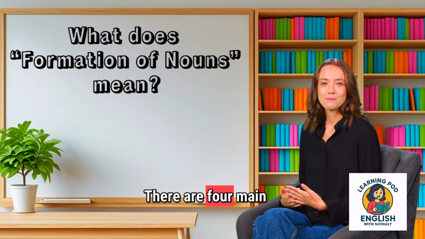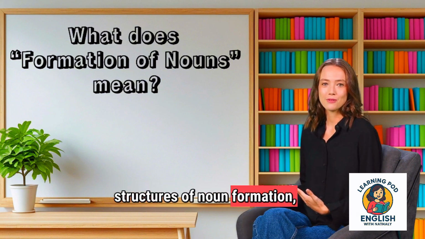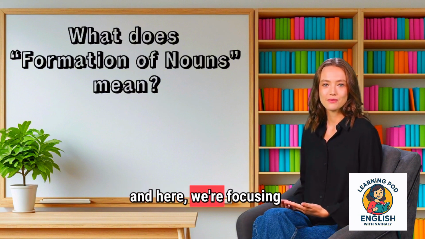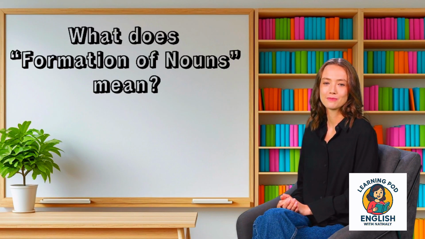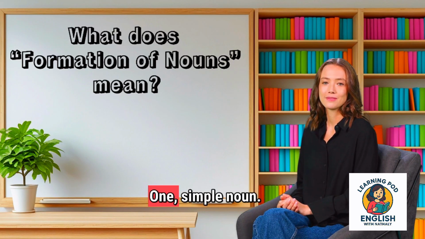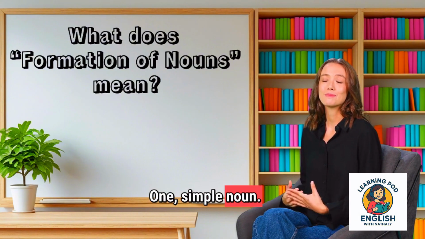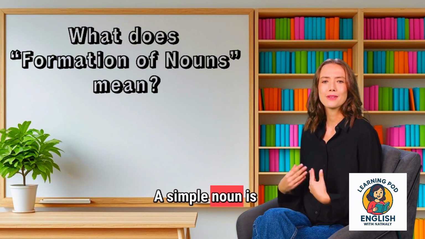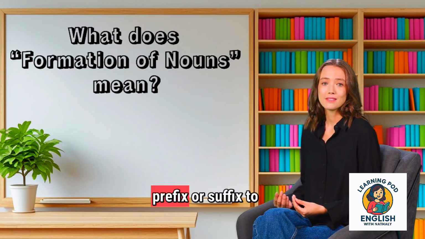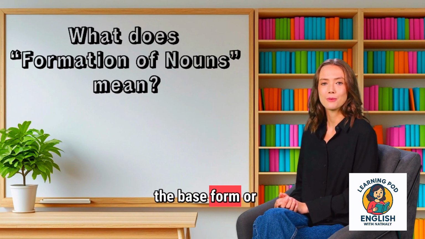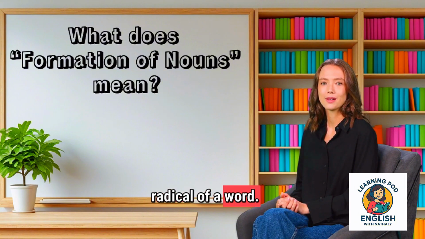There are four main structures of noun formation, and here we're focusing on the first one, the simple noun. 1. Simple noun. A simple noun is a noun that's usually made by adding a prefix or suffix to the base form or radical of a word.